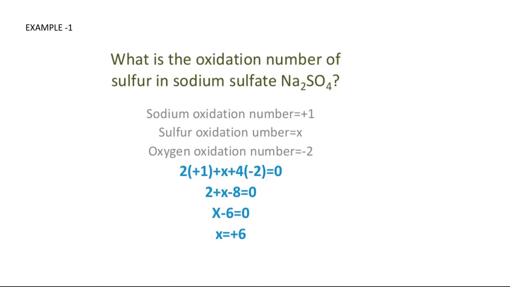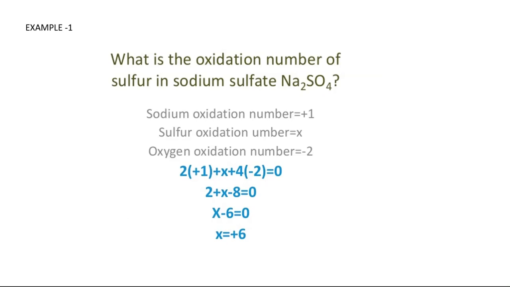Here in this example 1, what is oxidation number of sulfur in sodium sulfate? Sodium is first group element, oxidation number is +1. Sulfur oxidation number we don't know, we will consider as X. Oxygen oxidation state is -2. Here oxidation state of sodium plus oxidation state of sulfur plus oxidation state of oxygen equals 0, because sum of oxidation states equals 0.